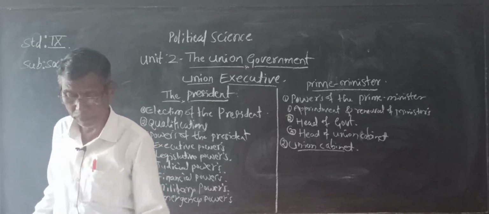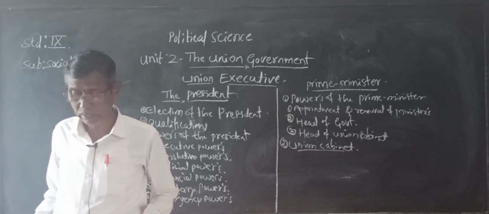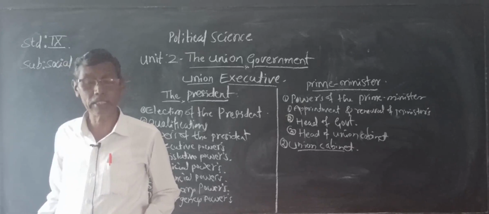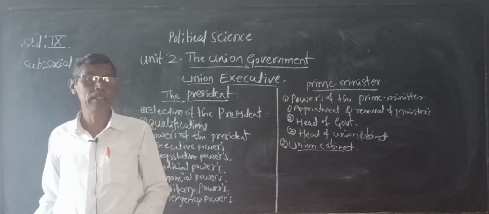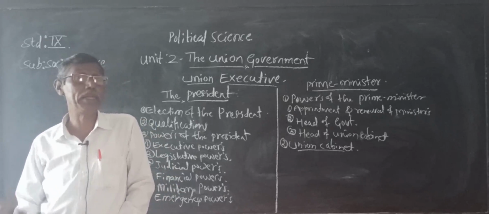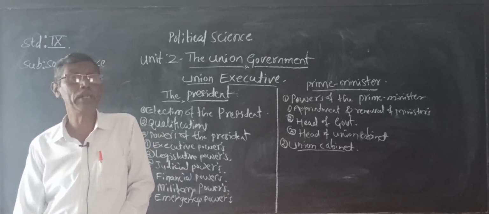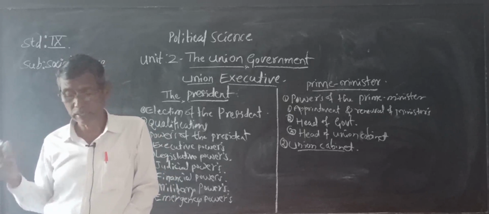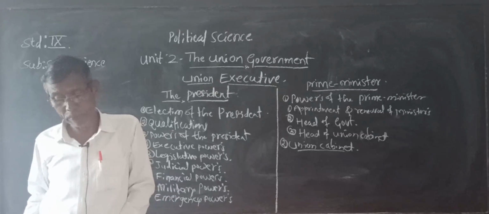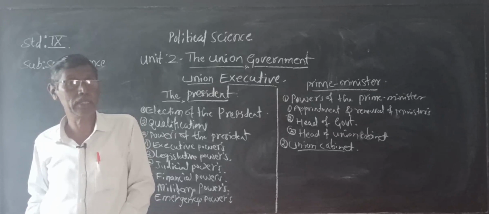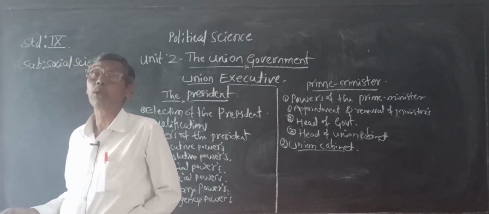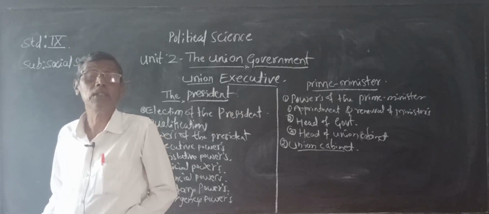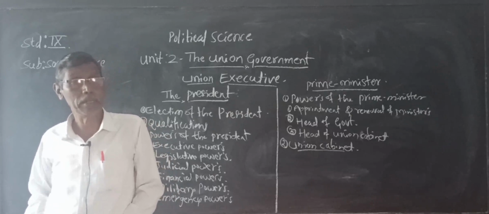Now, judicial powers. The President has the power to reduce the term of imprisonment of criminals. Only the President has this power. Sometimes the court will give a decision of 20 years imprisonment.